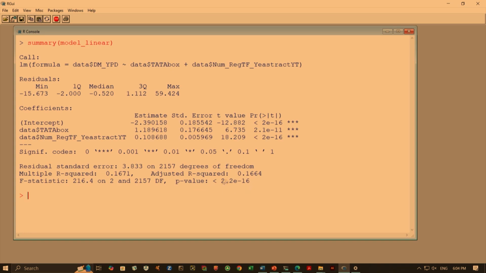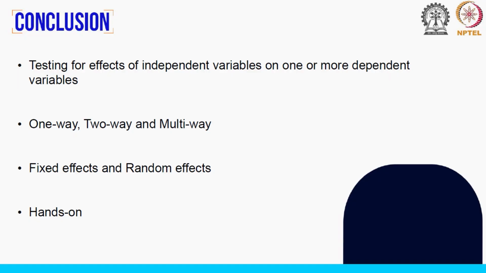The p value is significant, highly significant, which means at least one of these factors affects the response variable, which is the heterogeneity in expression. This is a slightly indirect way of looking at this ANOVA analysis. So, we prefer to use the AOV function, and if you are doing the MANOVA, you will use the MANOVA function. We will use this LM function for linear regression. When you build linear models and do linear regression, we will look into this in much more detail. Okay, so, we can go back to the presentation now.